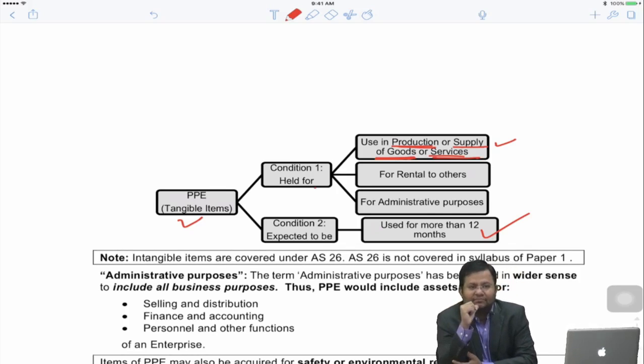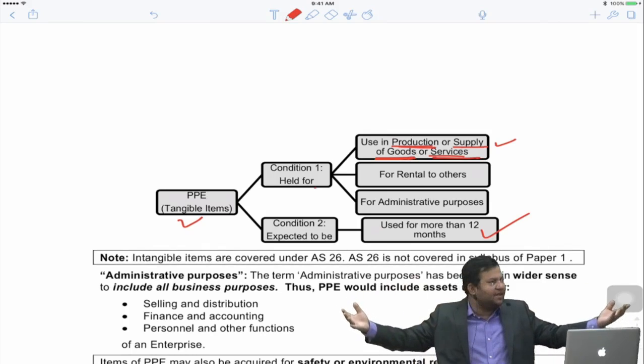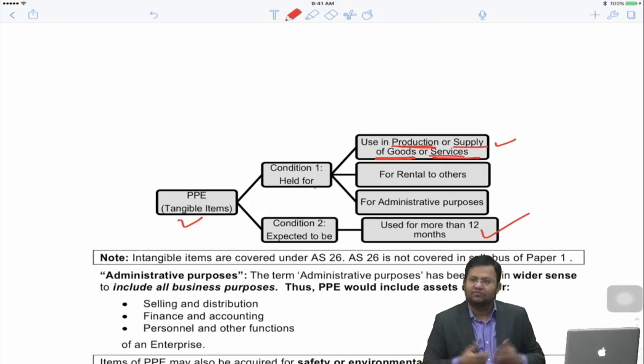I am Yes Bank. For Mr. Rana, a managing director of our bank, we have purchased a Mercedes-Benz, let's say the AMG edition. That is PPE for Yes Bank. Why? In order to provide services to the customers, our managing director requires a car. We have purchased the AMG edition.